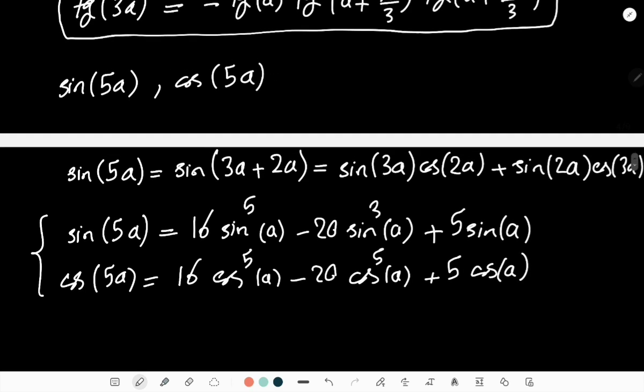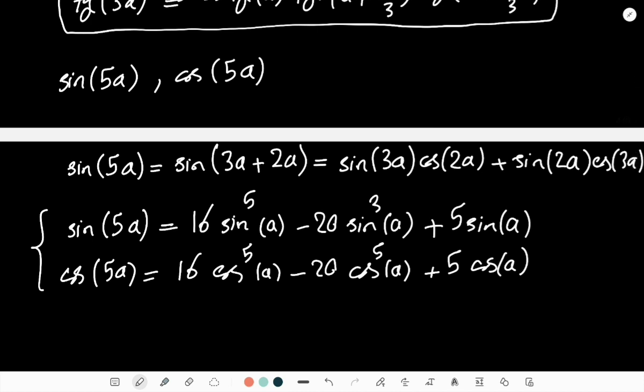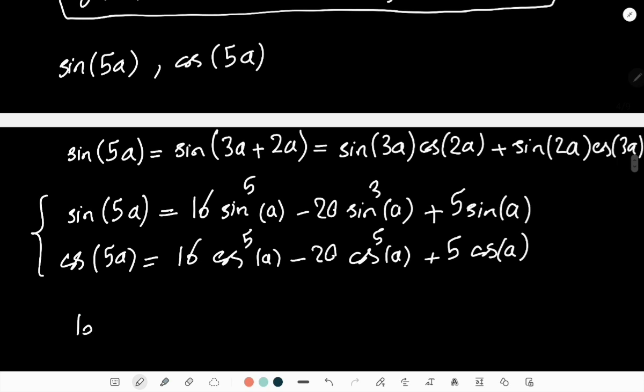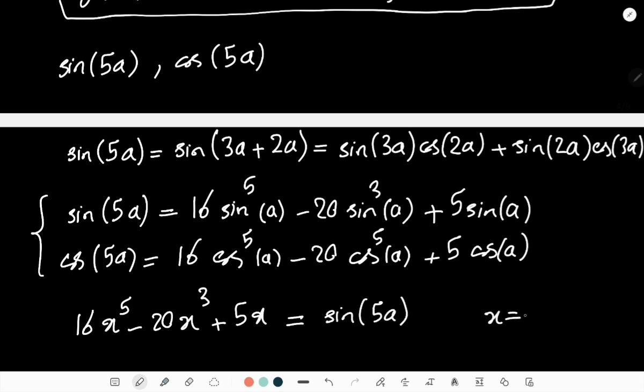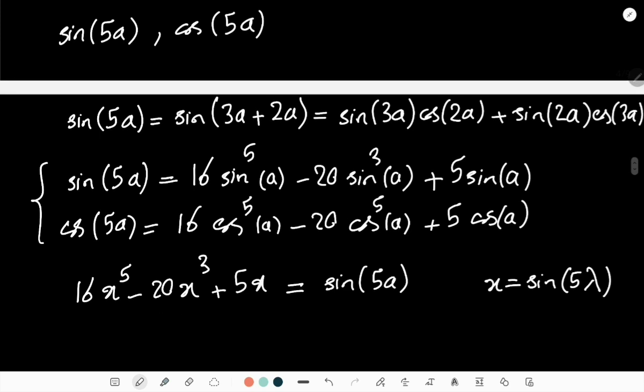So all I need to do is to form an equation, algebraic equation of order 5, such as 16x^5 minus 20x^3 plus 5x, and put that equal to sine of 5a. And then if I take x to be, for example, sine of 5 lambda, then the left hand side of the equation is basically the expansion of sine of 5 lambda.